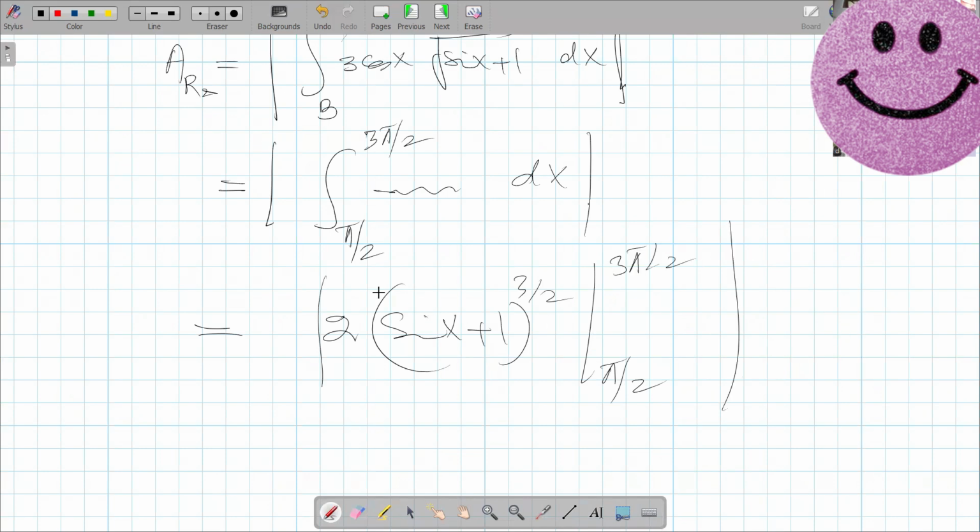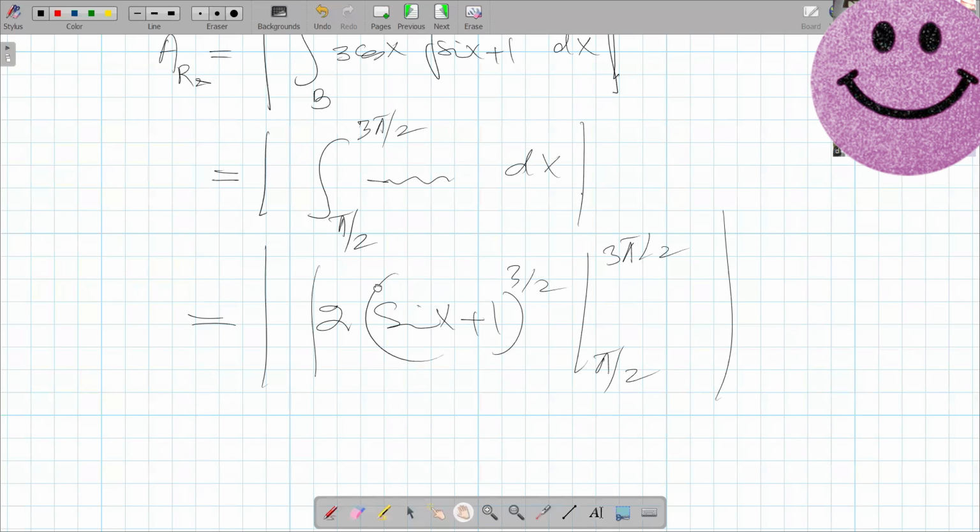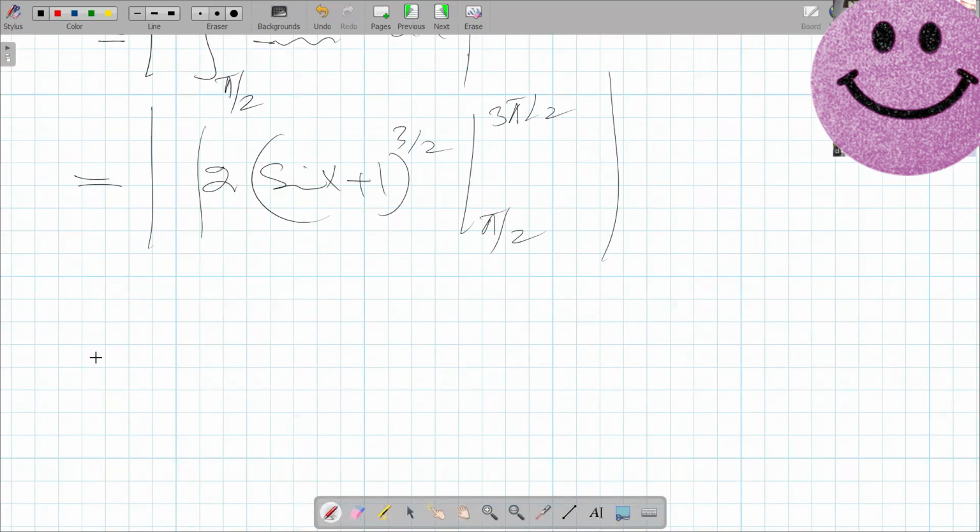We will take the absolute value of whatever number comes out. Apply the limits. If I put 3 pi by 2 here, sine 3 pi by 2 is negative 1, plus 1 it will be 0. So 2 times 0.